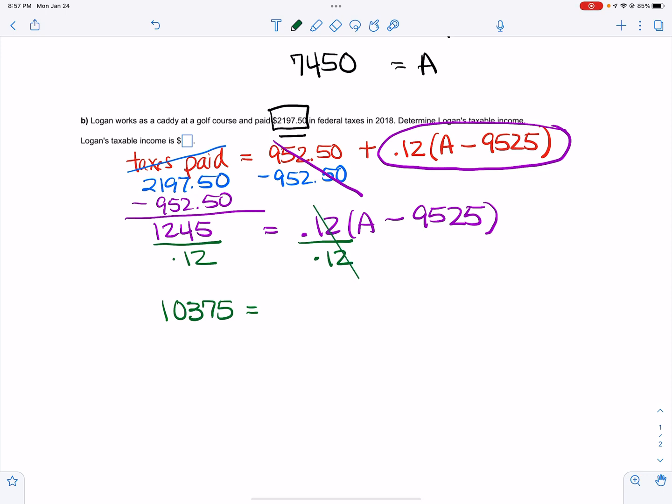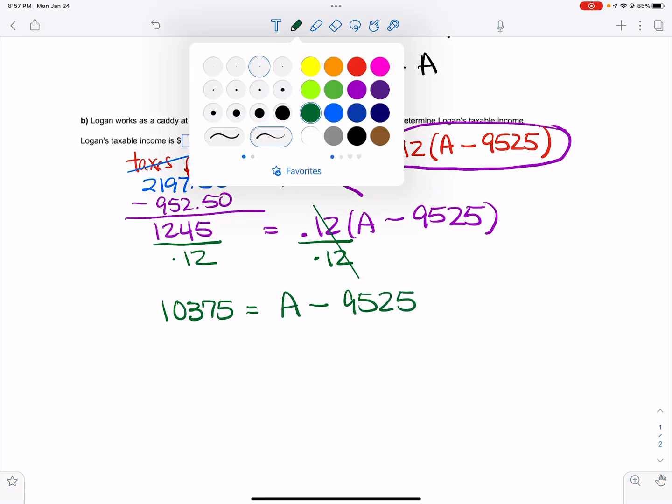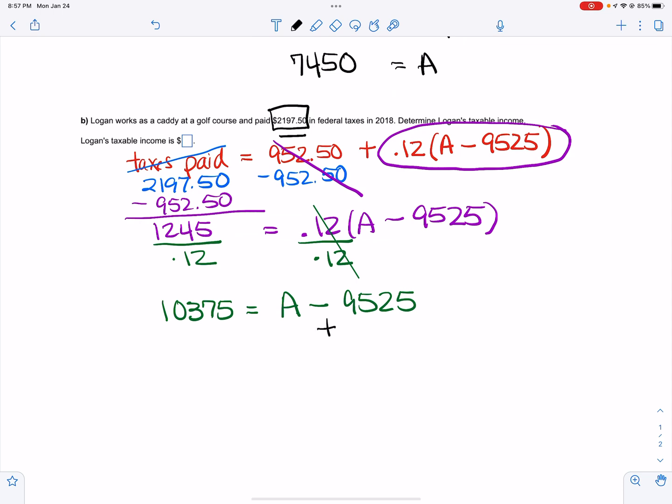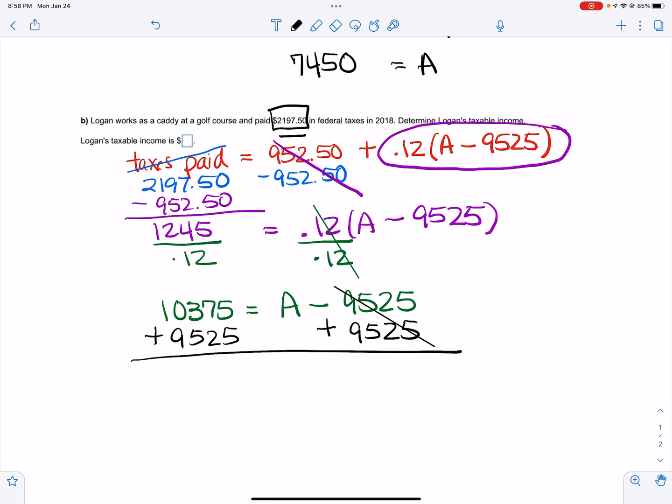This makes 1, and now I'm left with A minus 9,525. And so the last step, I am going to add this amount to both sides. That goes to 0, and so that's going to be $19,900.